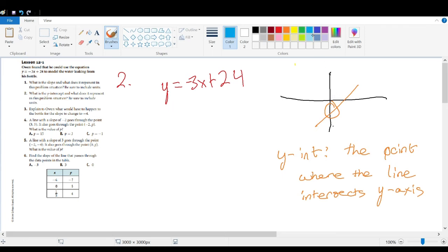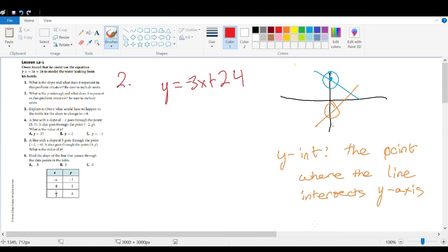And suppose I drew another line, maybe this one. Well, then the y-intercept would be here, at this point right here, right? So basically it's the point where the line intersects the y-axis. One thing you guys might be realizing is that if the line intersects the y-axis, the x is always 0.